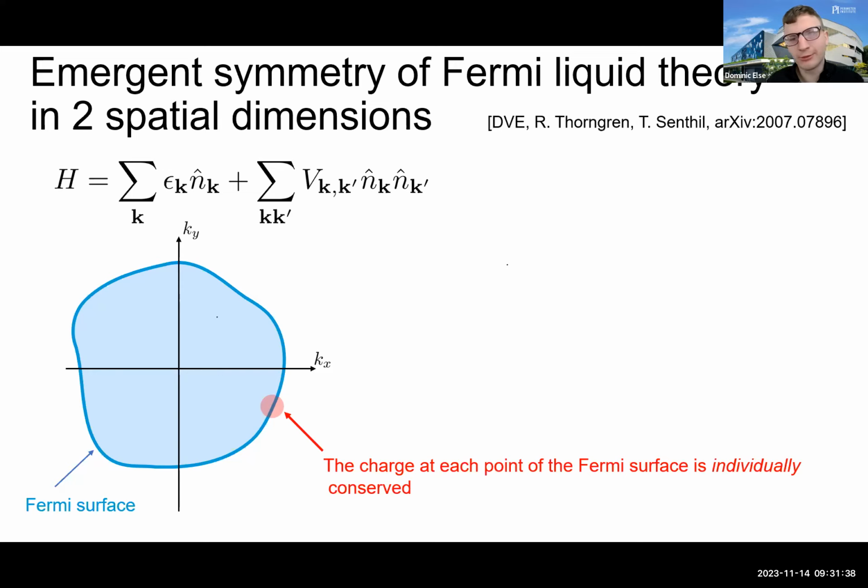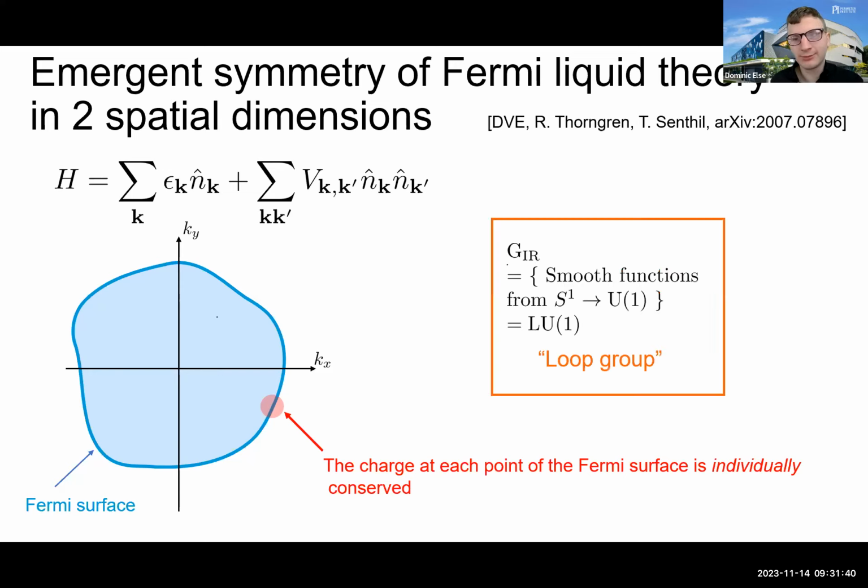The emergent symmetry group that corresponds to that is also infinite dimensional. Technically, if you want to be very precise, it's this thing which you call a loop group, which is the group of smooth functions from the circle into U(1), also known as LU(1). So again, this is an emergent symmetry because there are irrelevant operators you could add to the Hamiltonian which would break the symmetry, but they flow to zero under the RG flow.